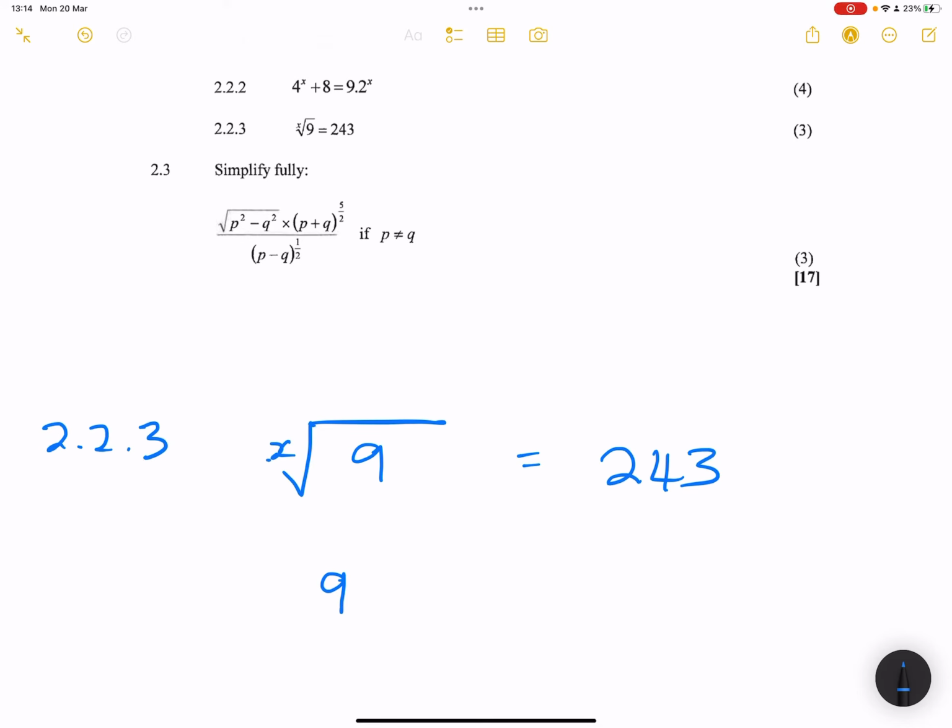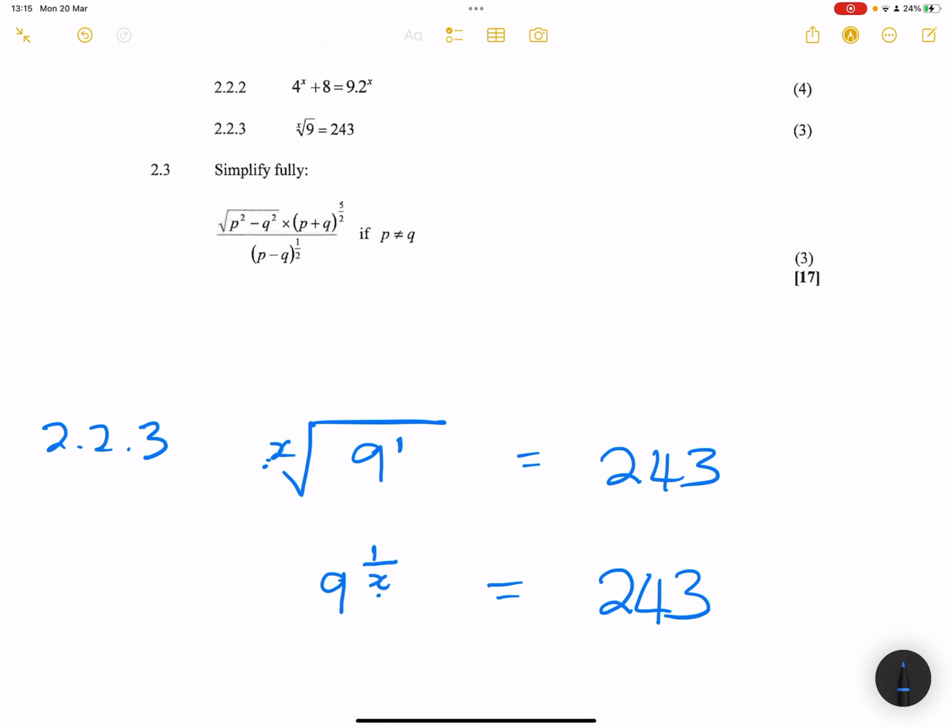We've got 9, and remember, you've got a 1 here, so this is 1 over x. The xth root becomes the denominator of your exponent. This is equal to 243.